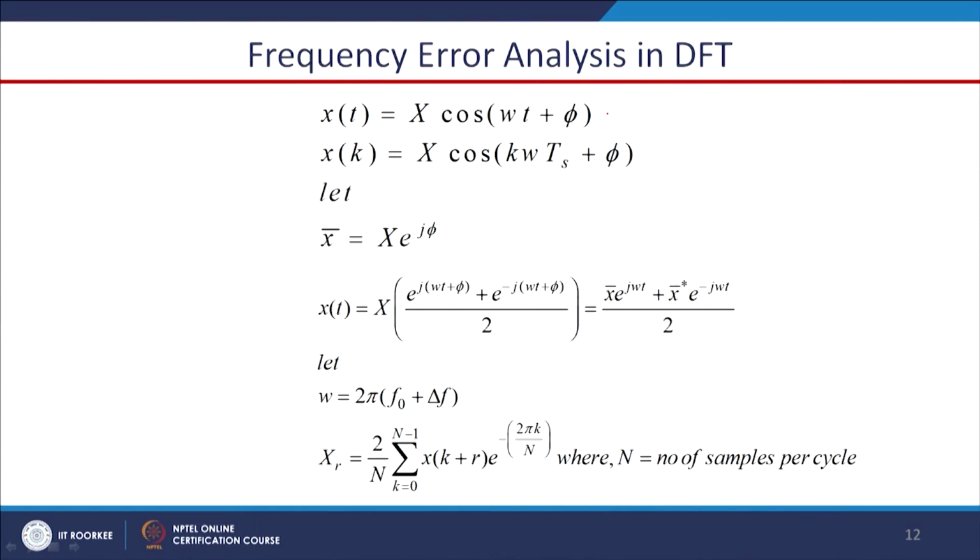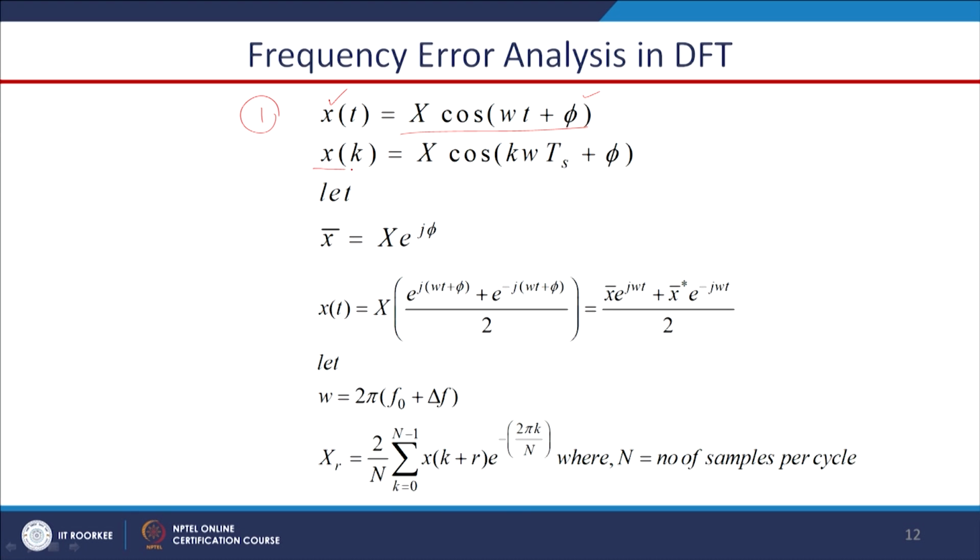Here is the first step, step 1. We have taken one instantaneous signal, x(t) in time domain, where the signal is expressed like this: capital X is the magnitude of the signal, cos(omega t plus phi). It is a cosine function, and this phi is the phase angle of the signal with respect to a certain reference.